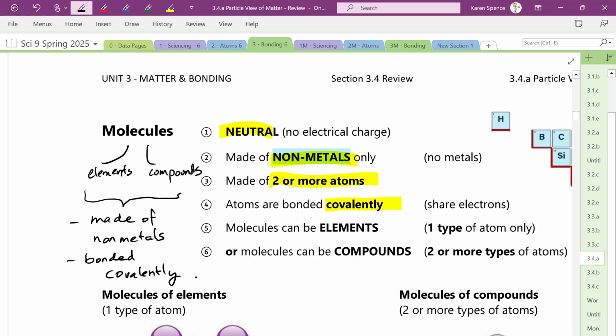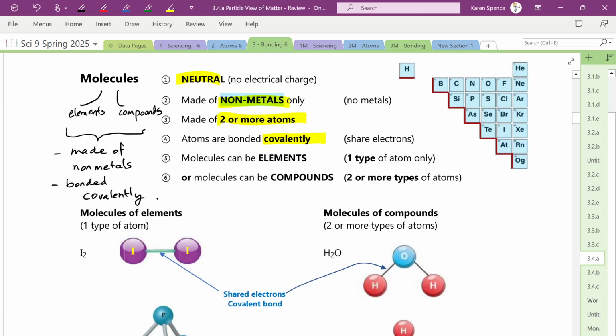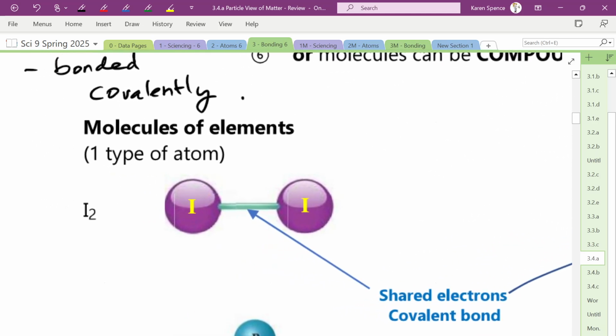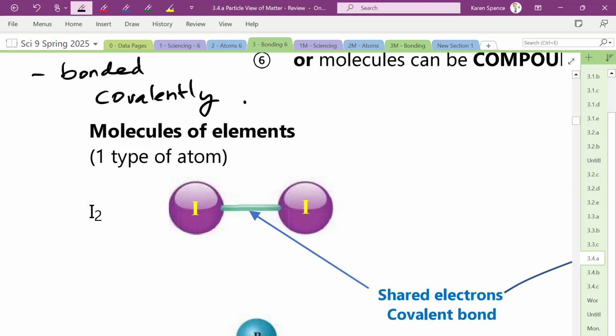So here are a bunch of pictures of molecules. Let's look at them. We have some molecules of elements. Here's I2. Right here, this little stick is our covalent bond. What is a covalent bond?